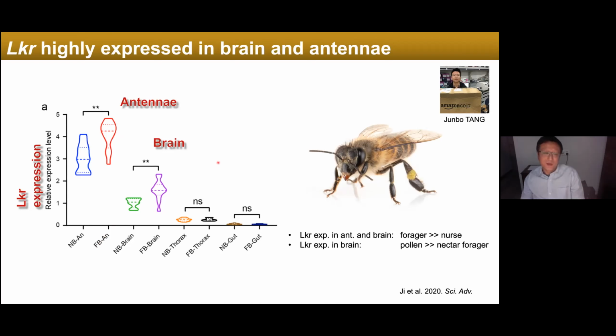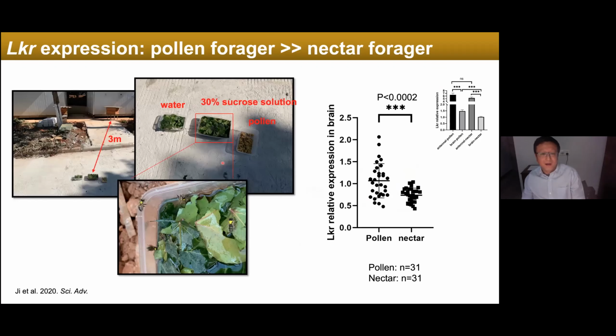These results support the gene function being related to feeding. We also measured the expression level in the real foraging task divisions. What we found was that the expression level was significantly higher in pollen foragers when compared to nectar foragers. This was also what we would expect based on previous theory.